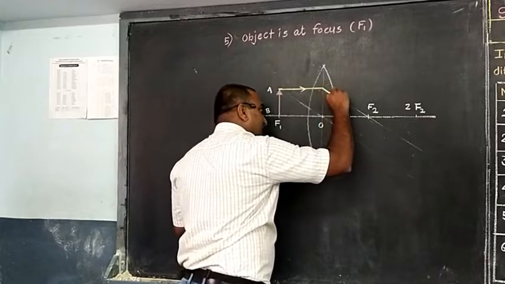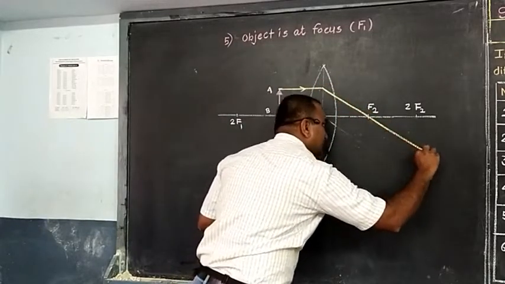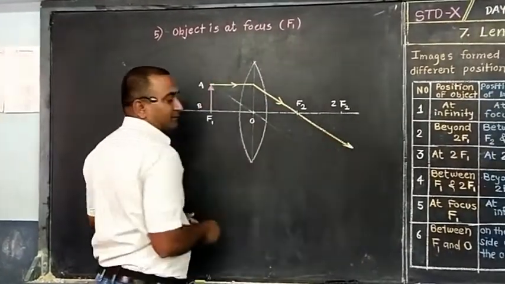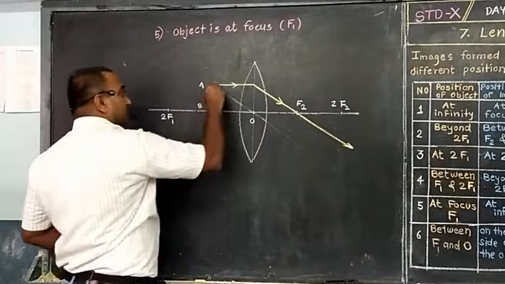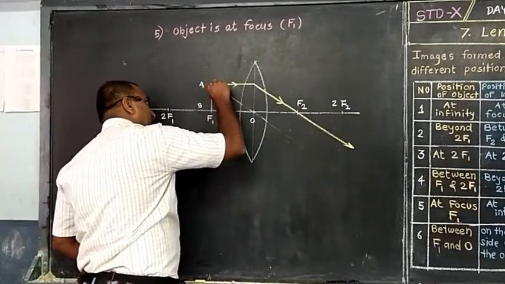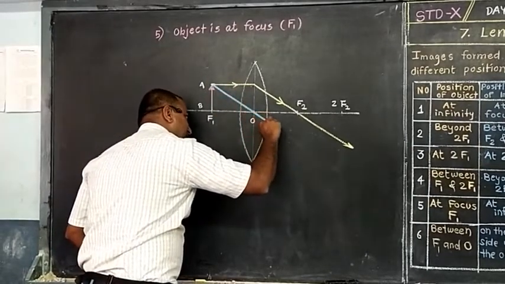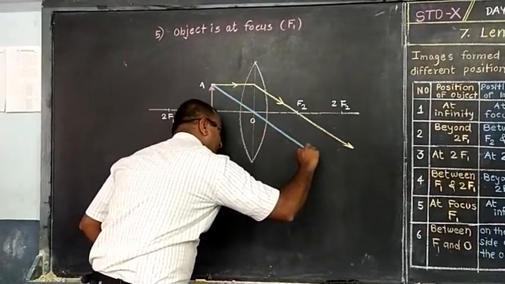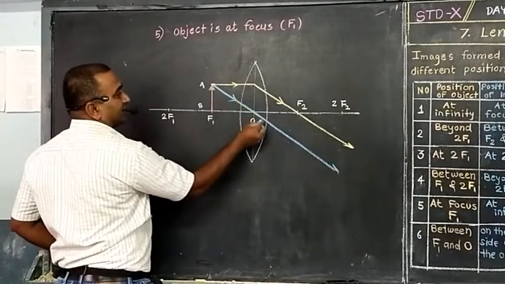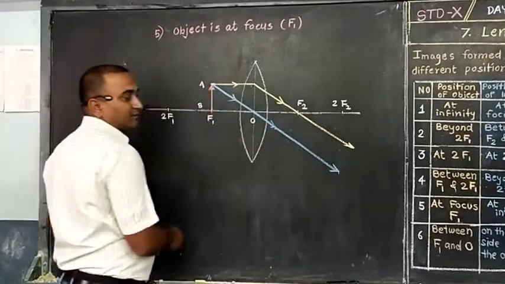Definitely after refraction it will pass through the focus. See, it is passing through the focus. This is the refracted ray, and here the end point. Then the second ray which passes through the optical center. When a ray is passing through the optical center, it will pass without deviation. This is the incident ray, it is the refracted ray, and it passes like this.